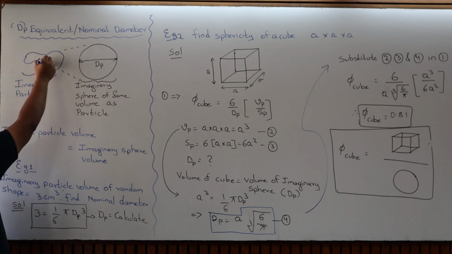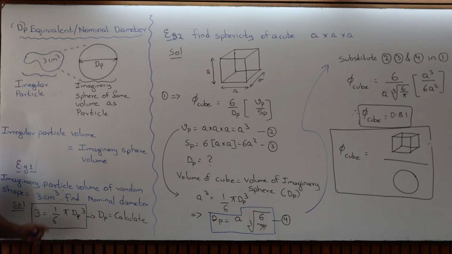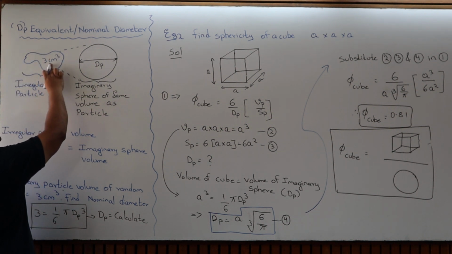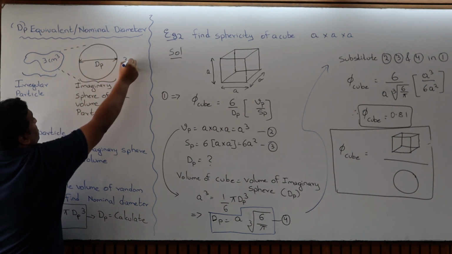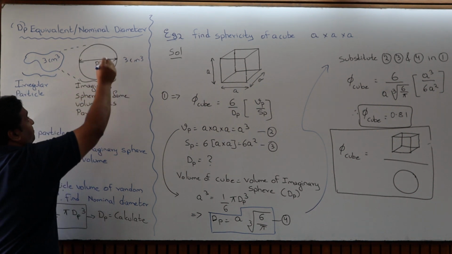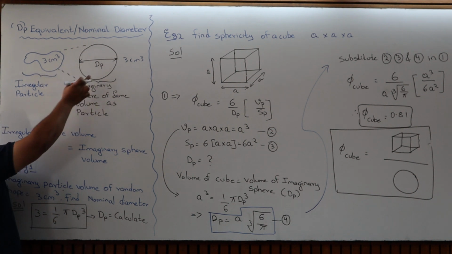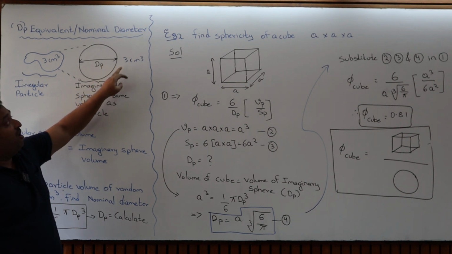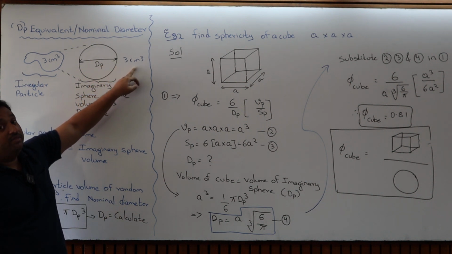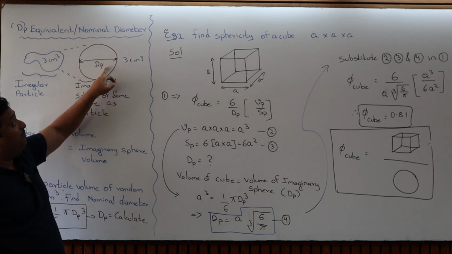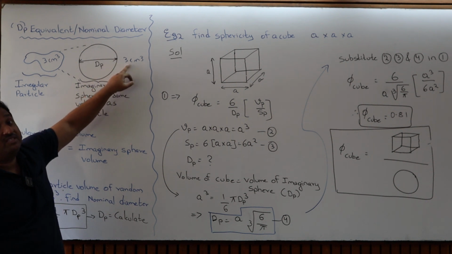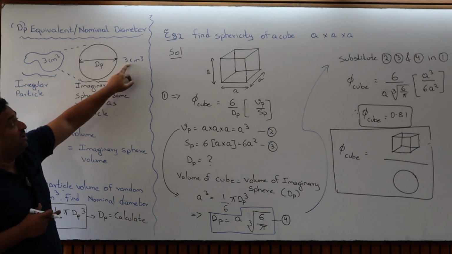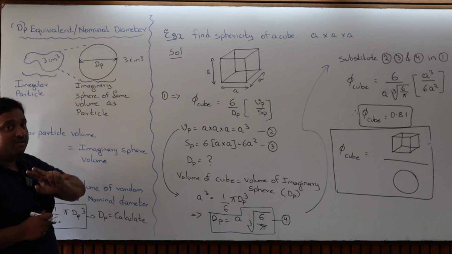For example, if the particle is 3 centimeter cube in volume, construct a sphere of 3 centimeter cube volume, which is equal to the volume of the particle. The diameter of this random or imaginary sphere is nothing but the equivalent diameter of this particle. Okay.